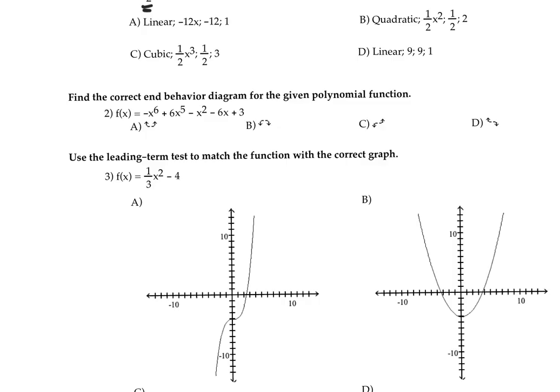And so this one would be down, down. If my highest exponent was odd, like 1, 3, 5, some kind of odd number, then they're going to go in opposite directions. One's either going to start down and end up, or start up and end down. So those are your 4 possibilities. I'm not saying it's wrong to put it into the calculator, but you should be able to do that without, and sometimes that's a better option anyway.